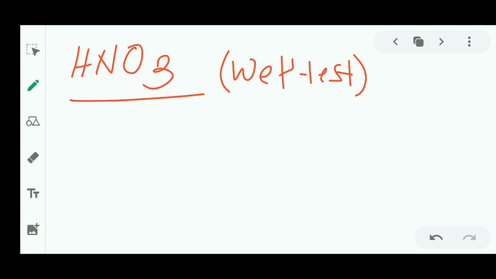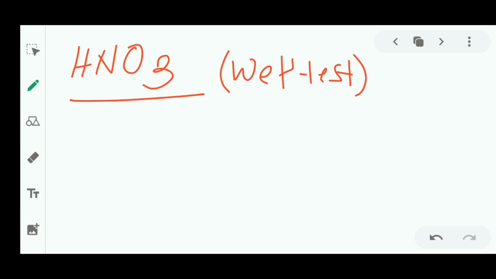You need to pour it slowly from the wall of the tube, so that it slowly touches the mixture of FeSO4 and HNO3, and you can see a brown ring formed at the junction of the two liquids. If the brown ring forms, it means nitric acid is present in that test tube.